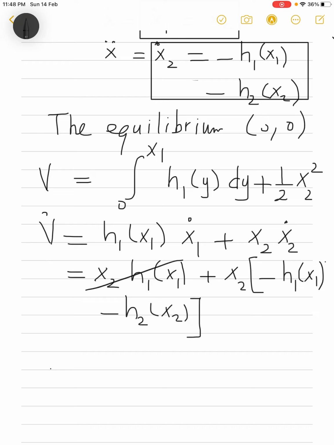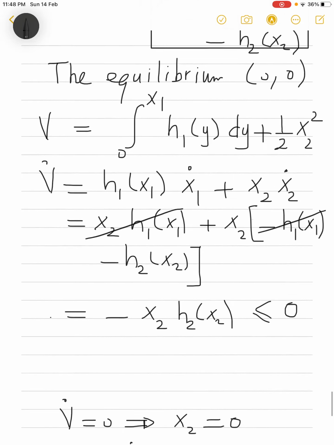Obviously this term will cancel with this term, so we are left with minus x2 h2 of x2. But since x2 times h2 of x2 is positive, then V dot is negative semi-definite. It's negative semi-definite because x1 does not appear in the expression of V dot.